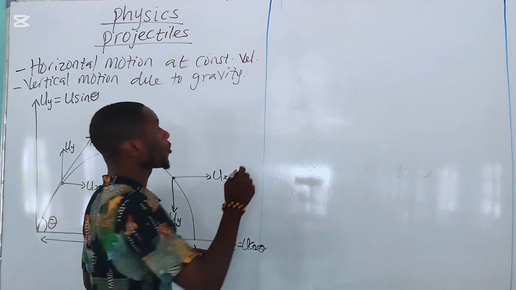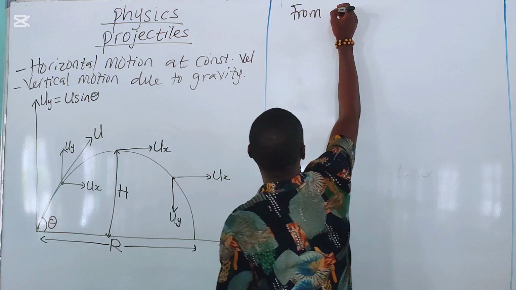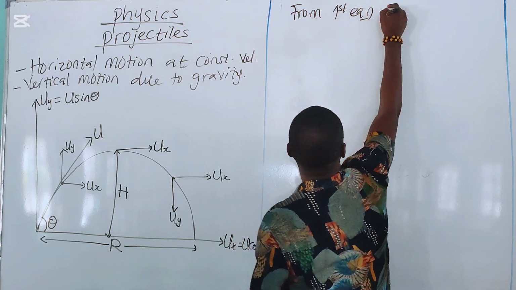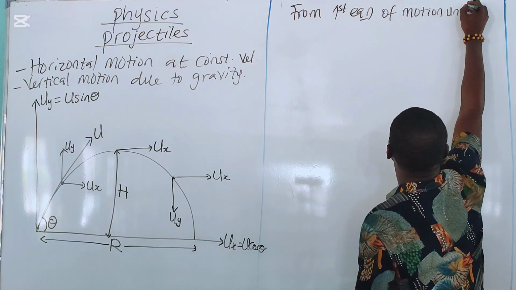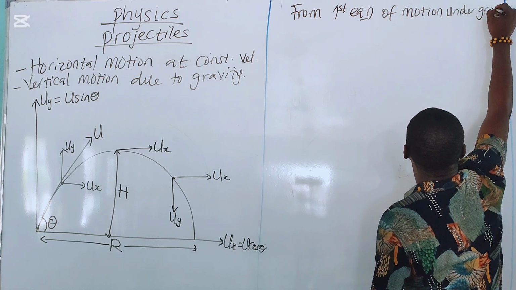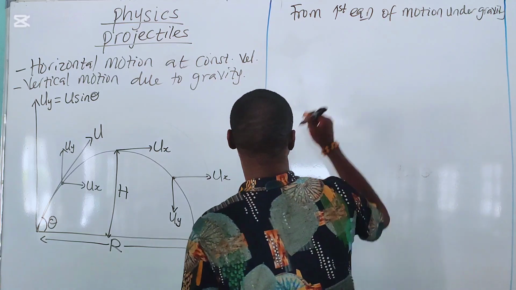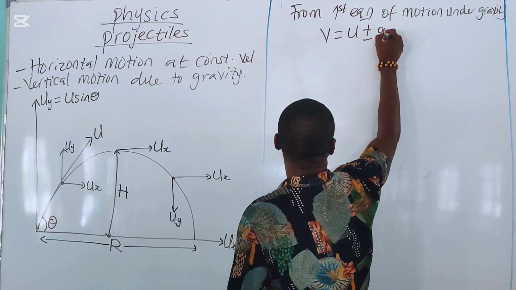Okay, so from our equations of motion, from the first equation of motion under gravity, we know that V is equal to U either plus or minus gt.